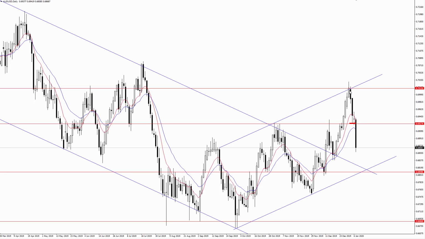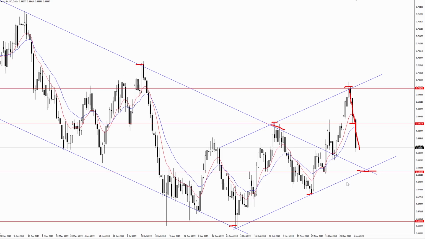Right now, the aggressiveness of this pullback does indicate, at least to me, that we could see a retest of this 68.10/20 area. Now, this is a confluence of support based on this ascending channel that has defined the short-term uptrend, as well as this channel top that we just looked at.